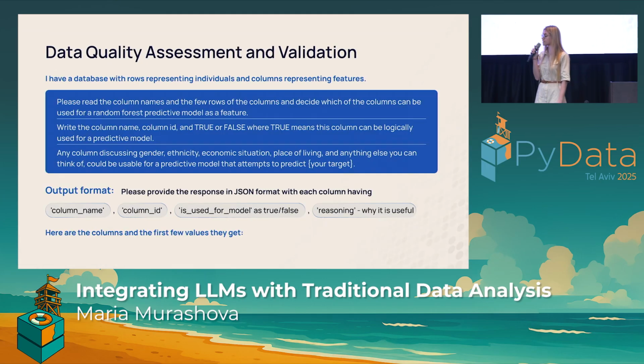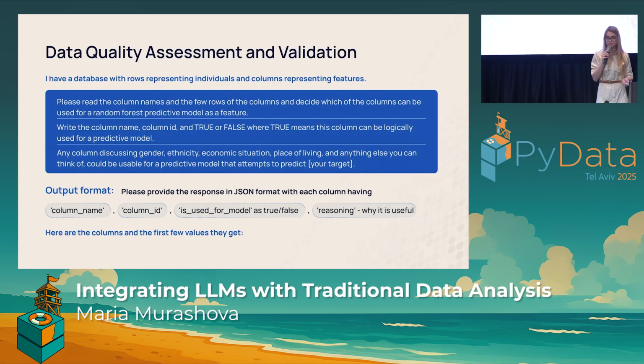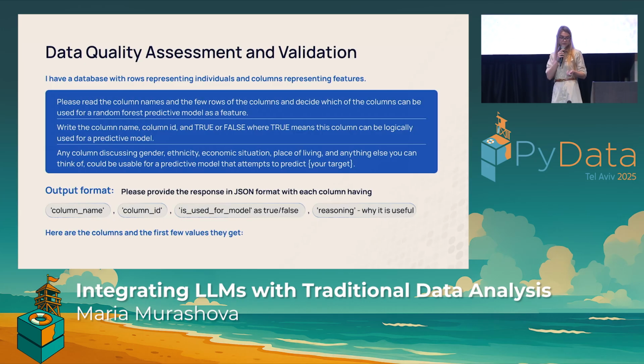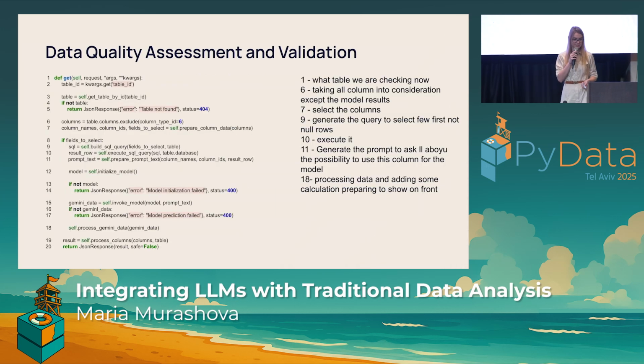We give the model examples of the values in the columns and ask, based on those statistics, this number of columns, this number of rows that are not null values, this number of categorical, numerical, and so on, if there is something that I can use for my model, yes or no, with the reasoning. This also gives us a very nice touch of your own data scientist in the system.